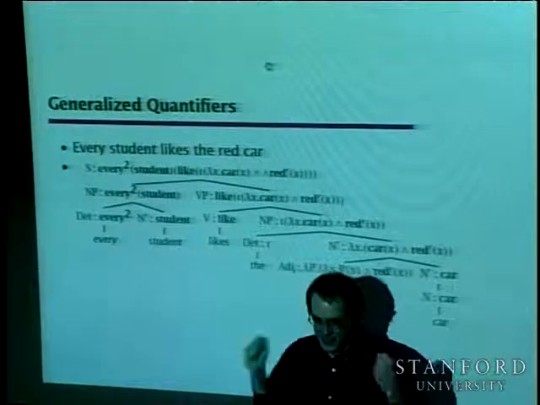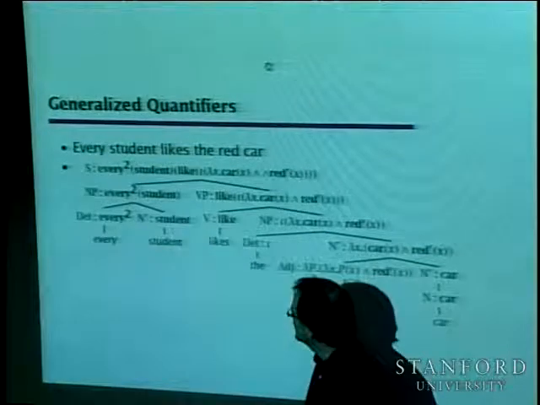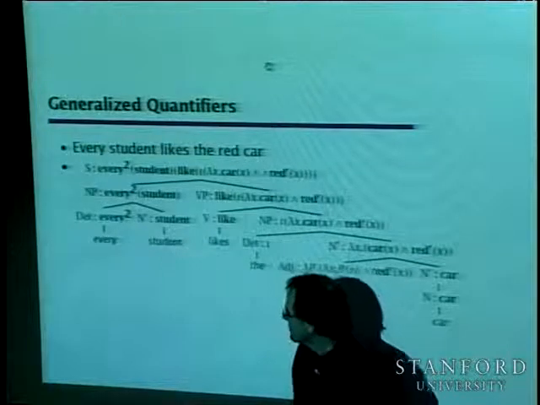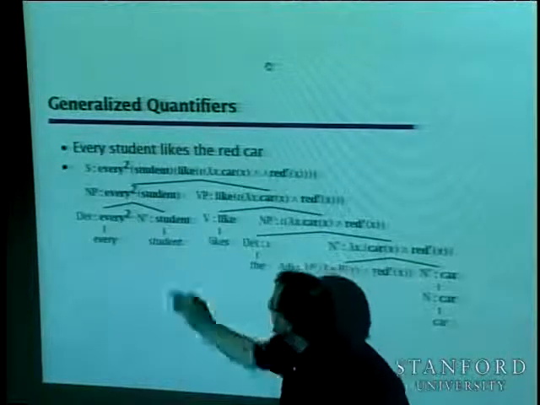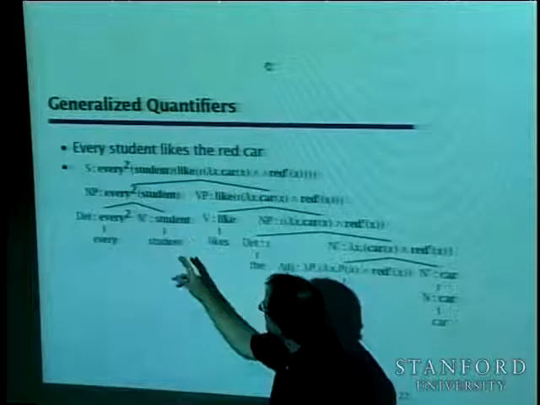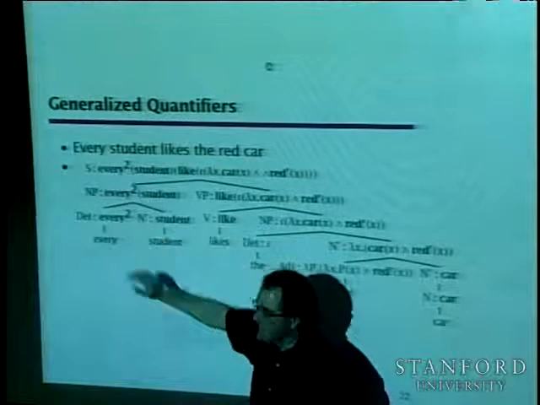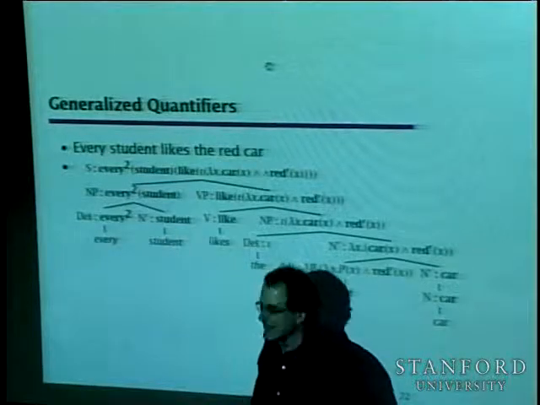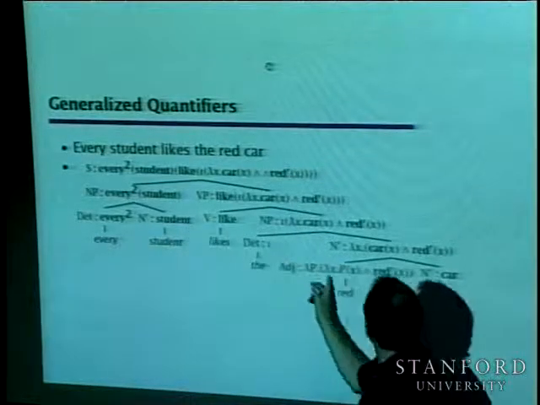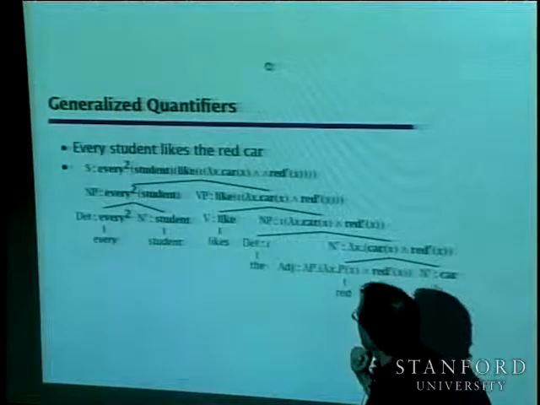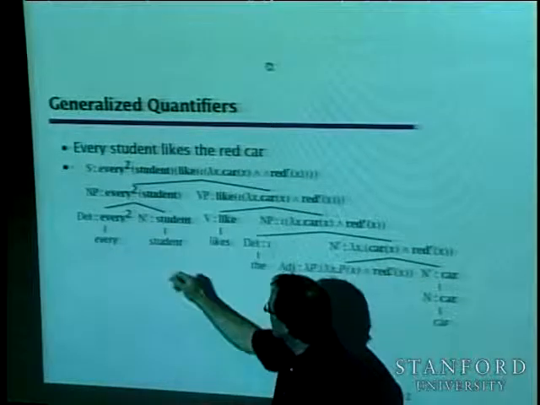But likes took two arguments, Kathy and Fong, and it works. But it seems like that's not going to work for every student. But what if I just changed my mind and said, let's take every student as the head in the semantics and have it take likes the red car as an argument? How would things work out then?